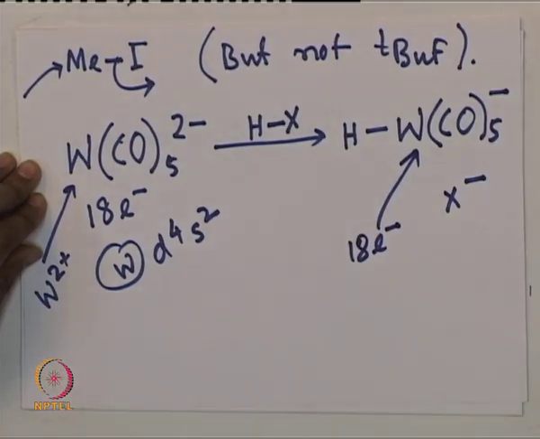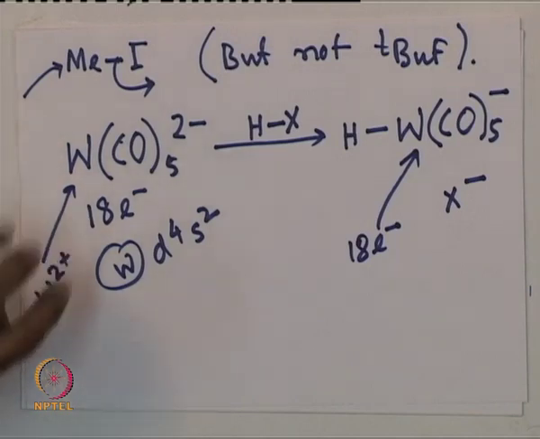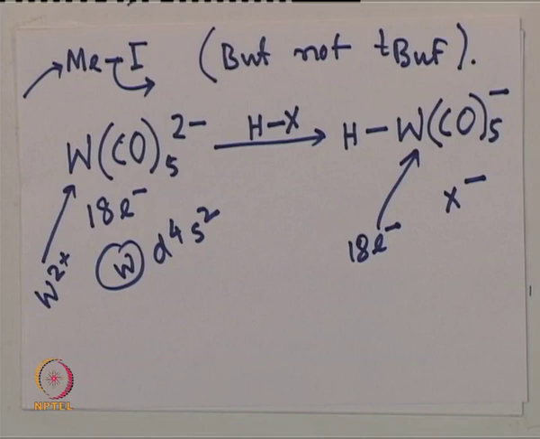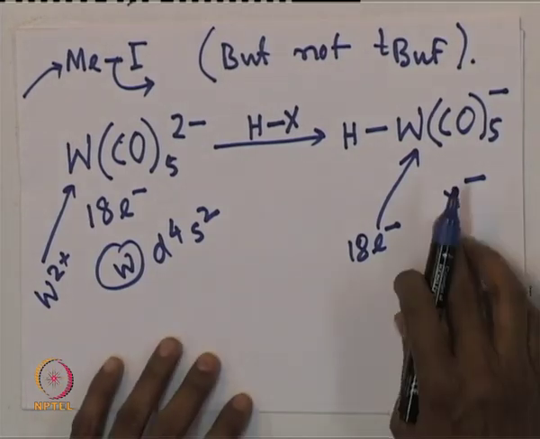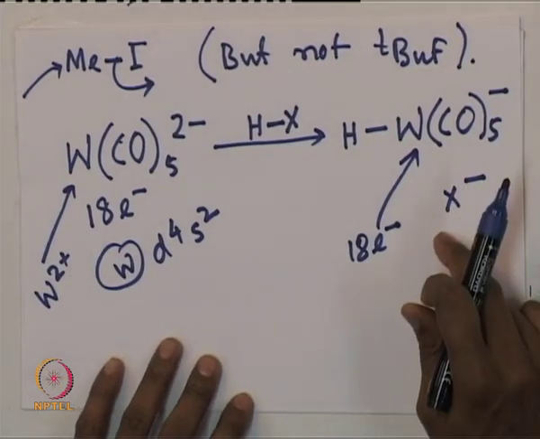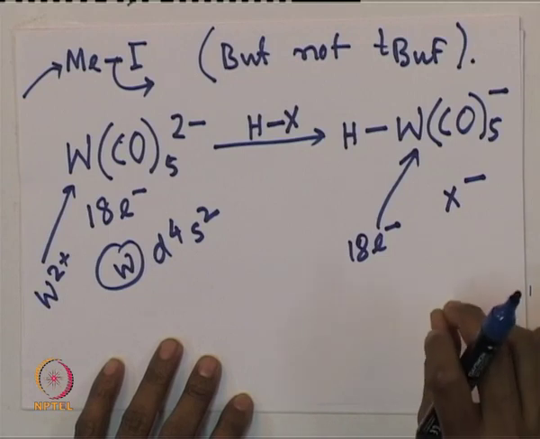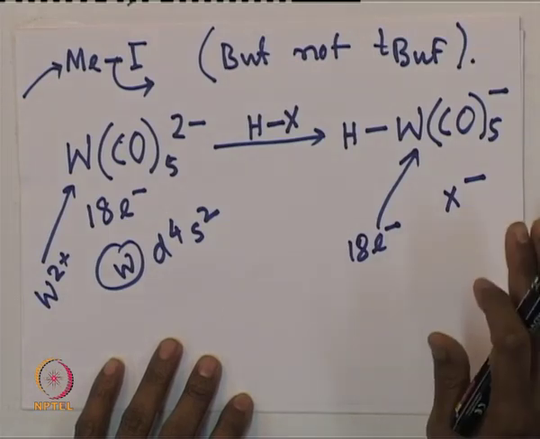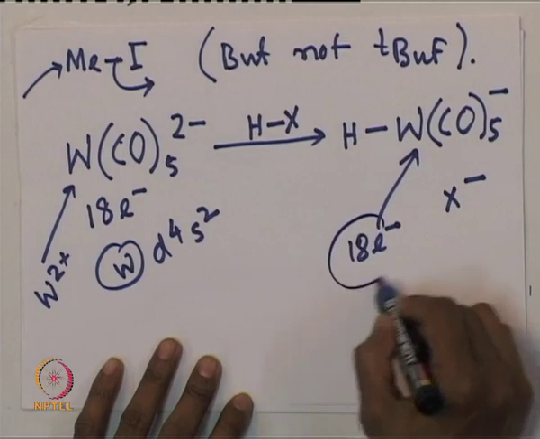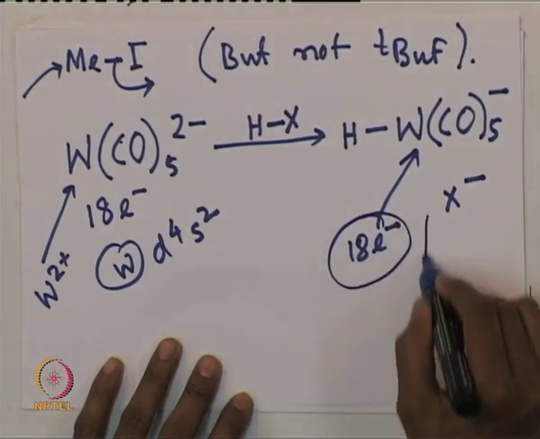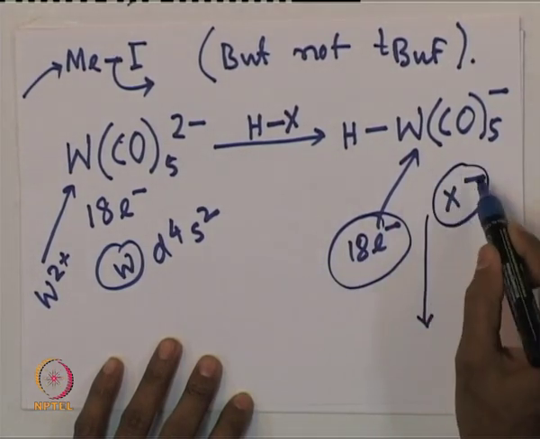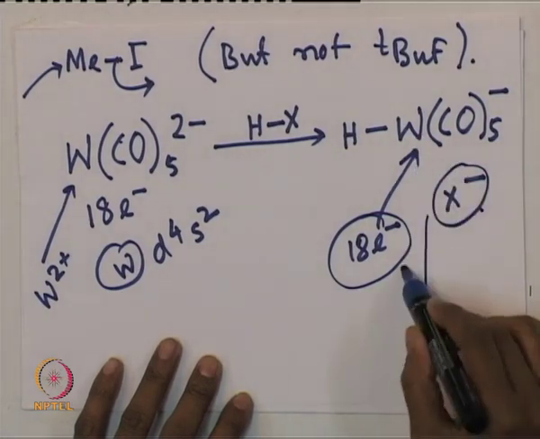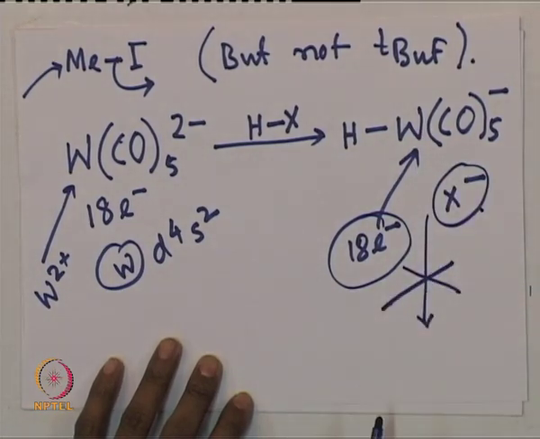While the nucleophilic attack is happening, both the starting material and the species generated upon nucleophilic attack will have the same electron count. Then the recombination of the anion will give rise to an increase of electron count by +2. In this case, since it is already 18 electron count, we will not see the combination of X minus with tungsten. This process will not be feasible.